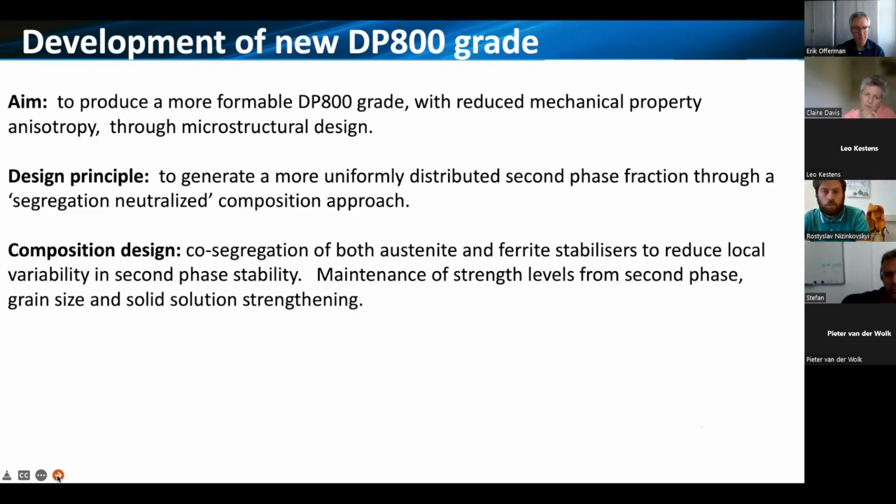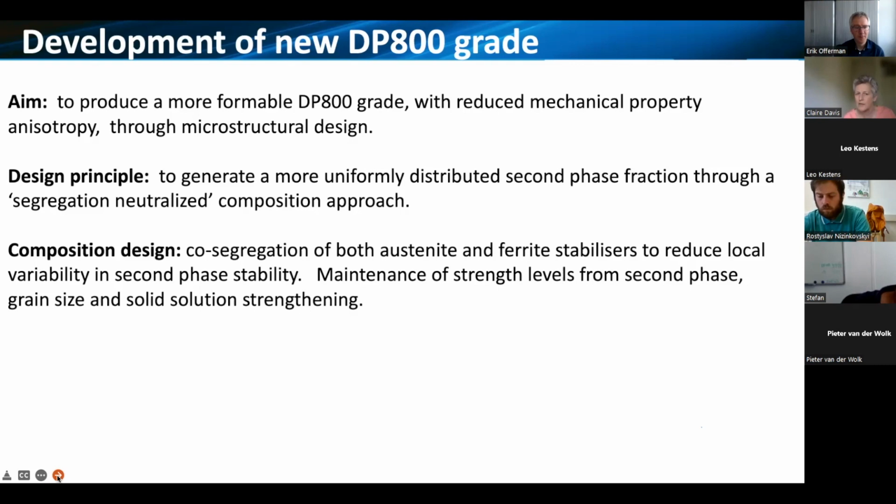And to do that, we said, right, we want to try and achieve something that doesn't have this banded microstructure, because that banded microstructure gives anisotropy in the mechanical properties. We know that the banding comes because of the segregation, and segregation comes because of the casting and our secondary dendrite arm spacings, etc. So we wanted to neutralize the segregation that happened during casting.